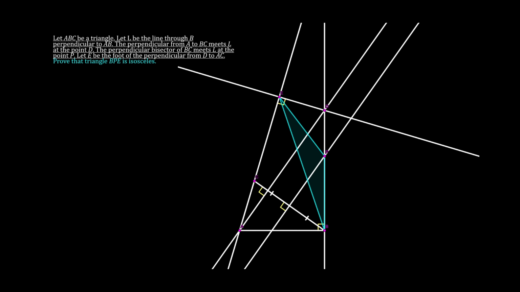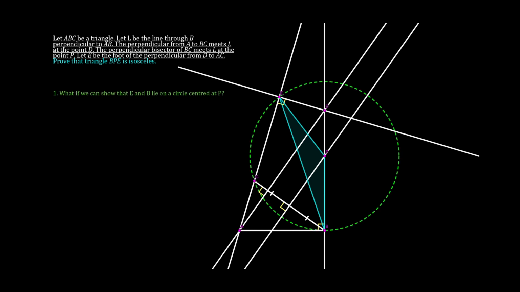So in this case, I'm thinking about what if we can show that E and B lie on a circle centered at P. It kind of looks like this, and it must be true if BPE is isosceles. But not only that, if we can prove that it lies on a circle, since both EP and BP would be radii, they would be equal, meaning that the triangle BPE would be isosceles.